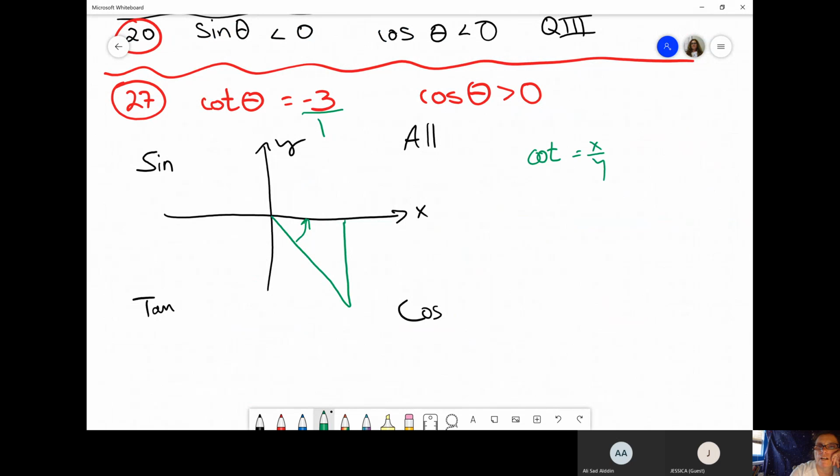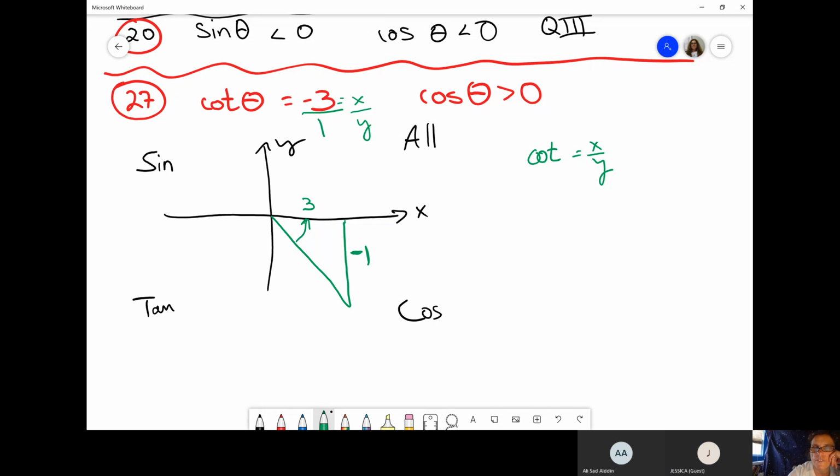So x over y. We have a 3 here and a 1, and since we are in quadrant 4, only the y value is negative.